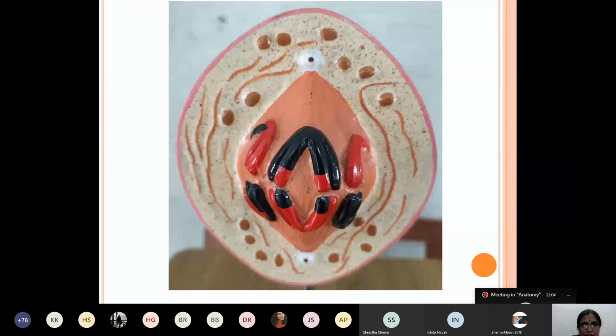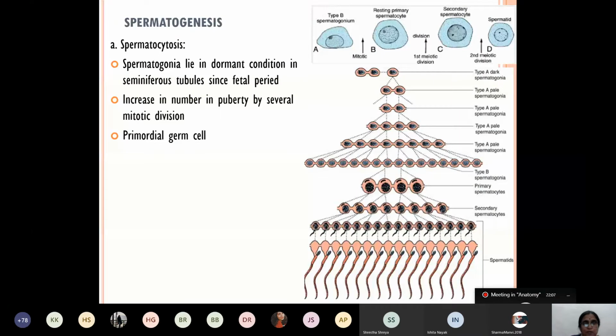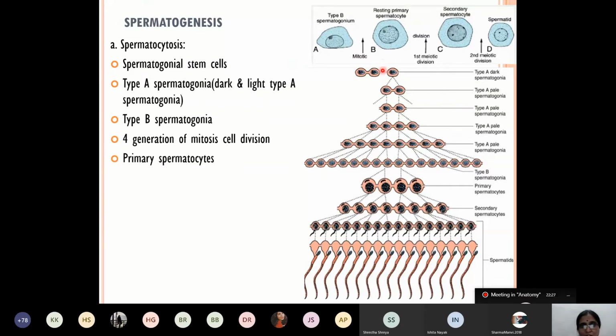So where were we? We were in spermatogenesis here. Spermatogenesis consists of several subparts. In spermatocytosis, spermatogonia undergo mitotic cell division to give rise to spermatocytes. First, the spermatogonium, also known as the primordial germ cell or spermatogonial stem cell, undergoes mitotic division and gives rise to type dark A spermatogonia.